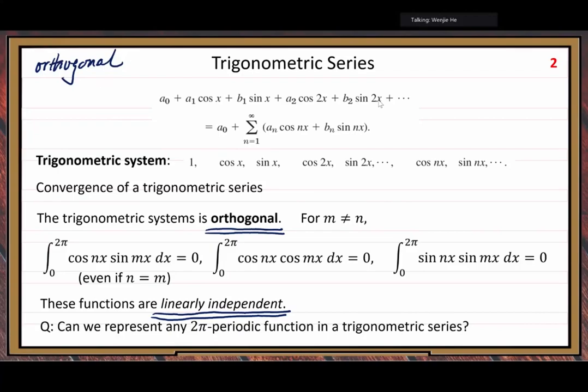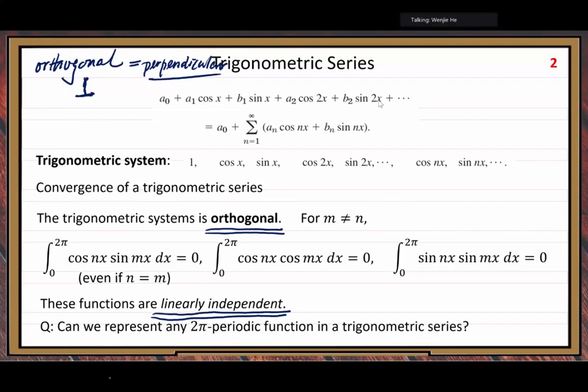In geometry, it is the same as perpendicular.